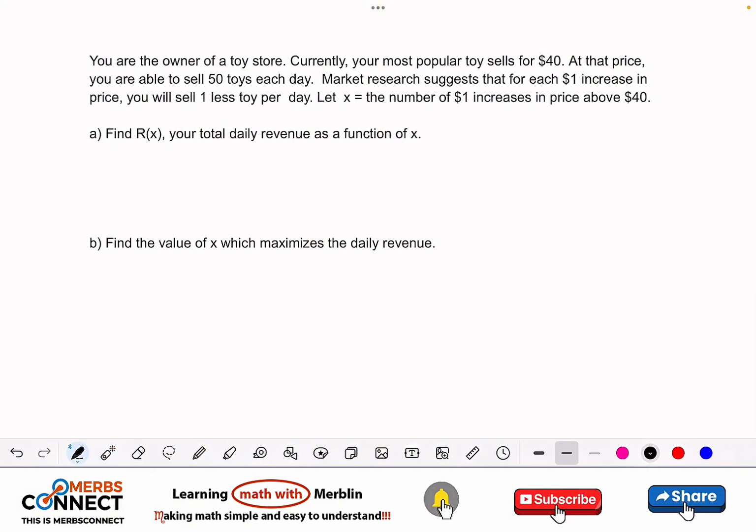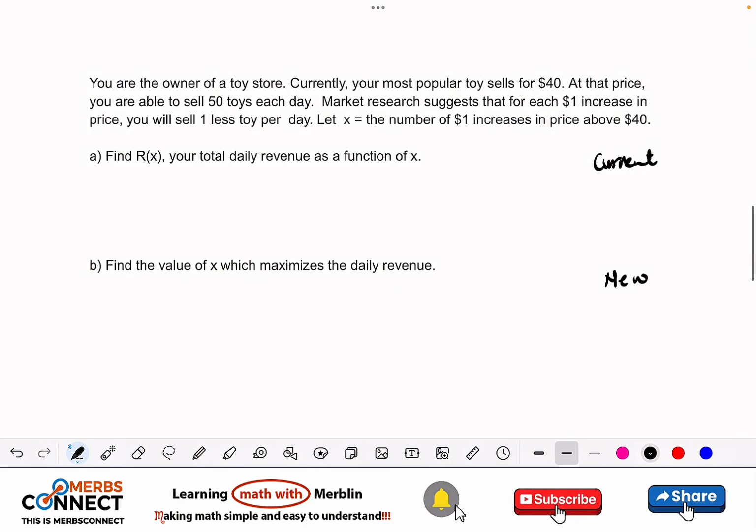So same idea, let me pick my current and pick my new. Good. So we have the current price. The current price is $40, and then the quantity is 50. So now here, when we increase price by $1, the quantity goes down by 1, right?